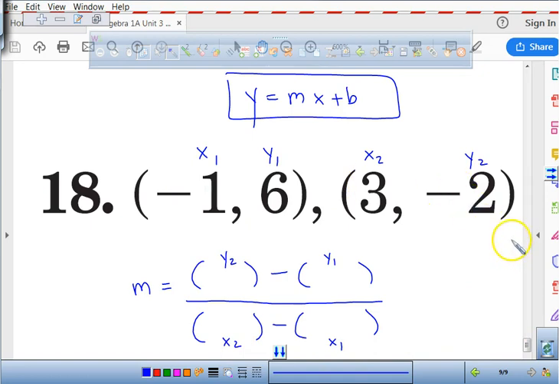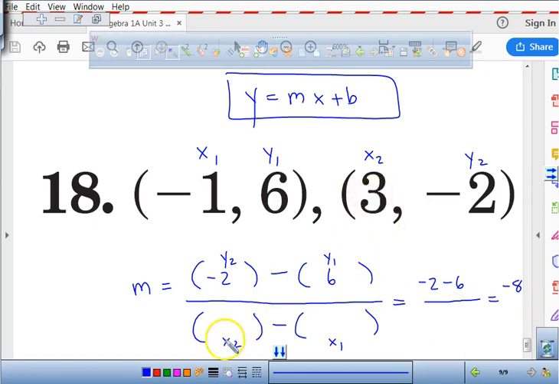So let's go ahead and just plug numbers in. What's our y2 value? -2. Y1? Alright. So if we do -2 minus 6, and you do that in the calculator, you would get -8. That's what it is. Okay? By hand.